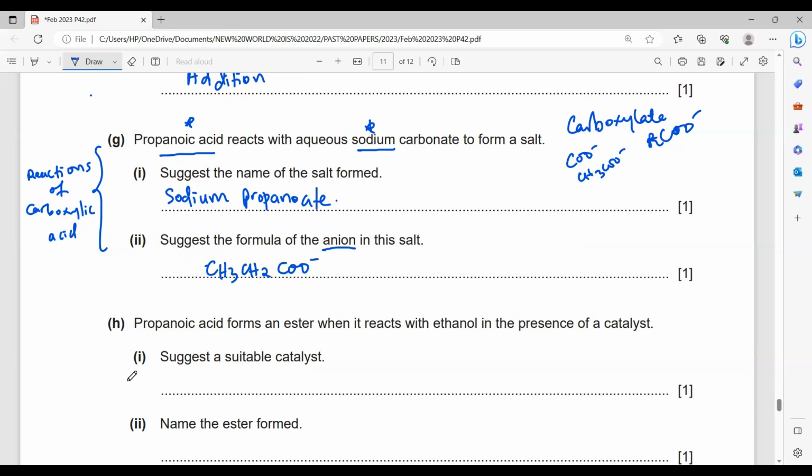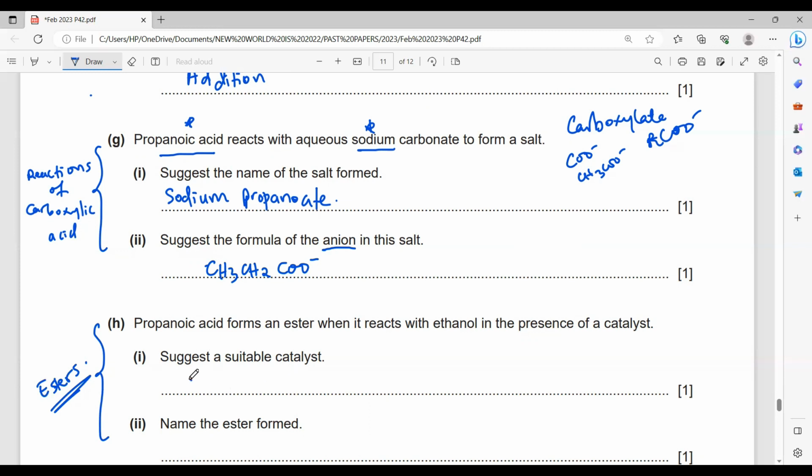The next question goes thus: propanoic acid forms an ester when it reacts with an alcohol, and that alcohol is ethanol, in the presence of a catalyst. So here they're talking about esters. Suggest a suitable catalyst.